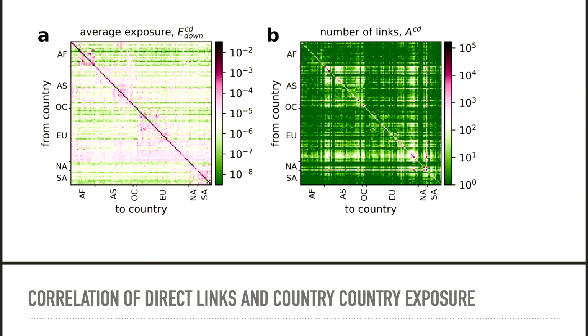We also see these horizontal magenta lines, which are actually affecting all the countries. These belong to Western Europe, and some of the North American countries, which affect all other countries, and some Asian countries also affect all other countries. So this is how the average exposure looks.